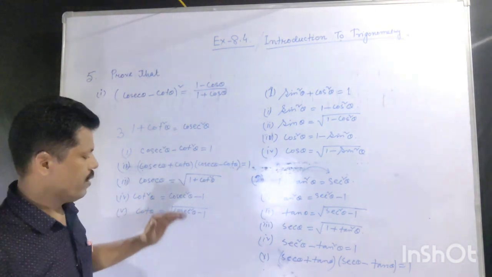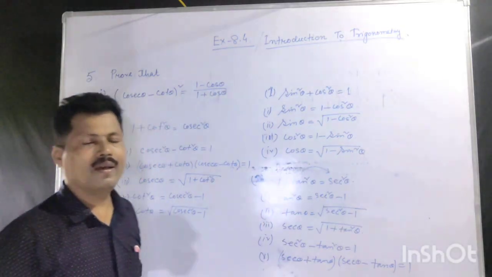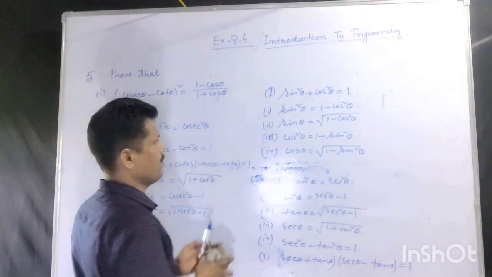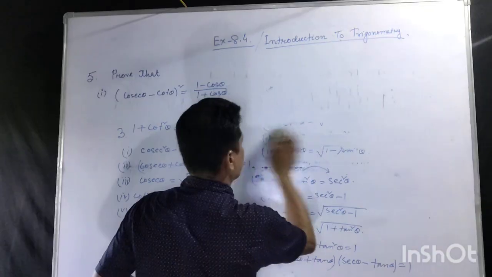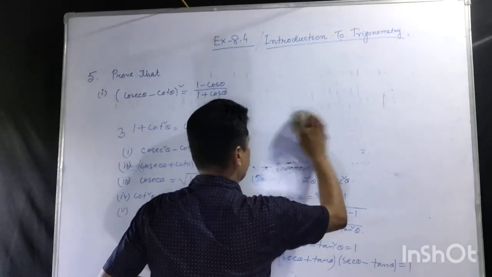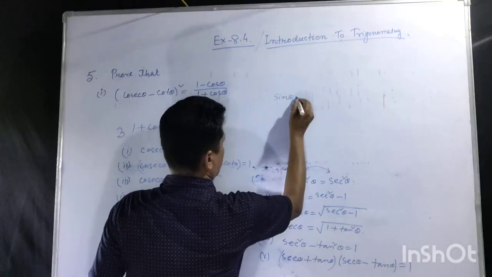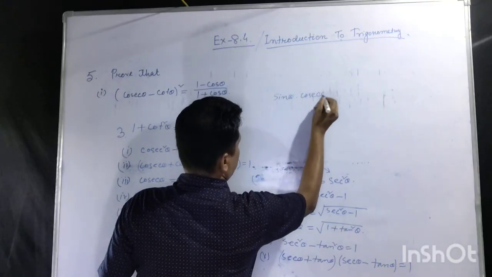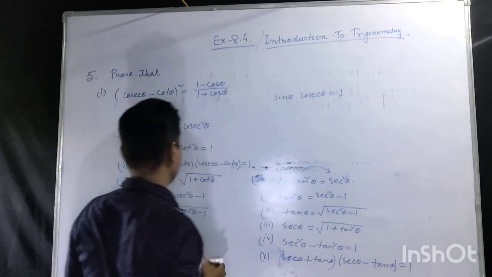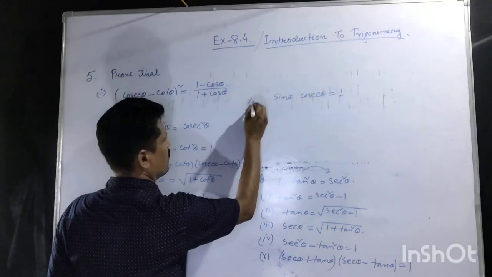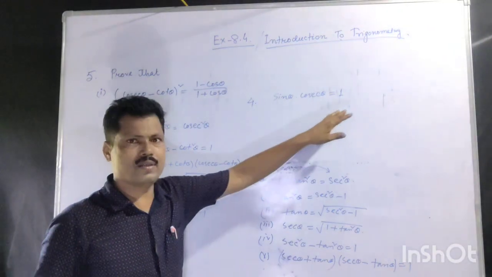Another some identities, let us see. Sin theta into cosec theta is equal to 1.